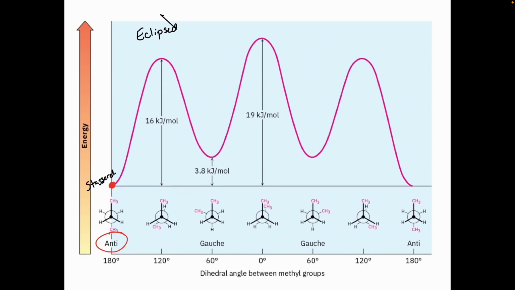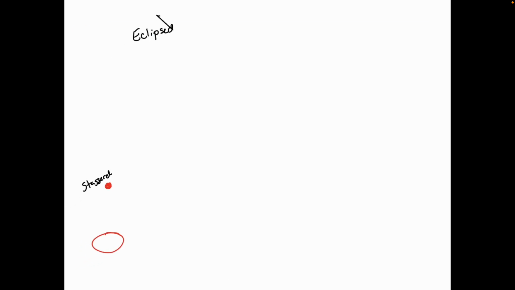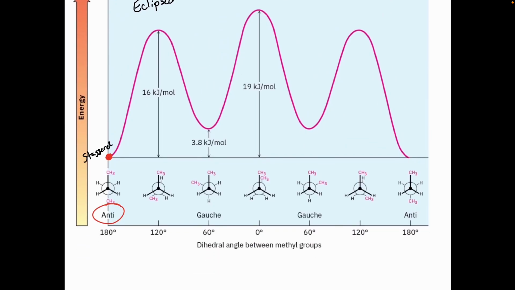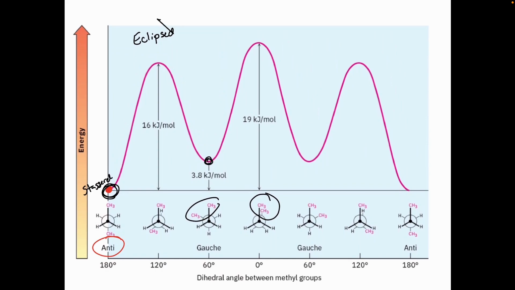Then we're back down to our staggered structure, but it's the one with that gauche interaction. So compared to our anti-structure, it's a little bit higher energy. We rotate again to another eclipsed structure where we have that super unstable methyl-methyl interaction. So we get the peak of our little landscape here. Back to our gauche interaction. Back to eclipsed, and then finally we're back where we started, where our methyl groups are on opposite sides.